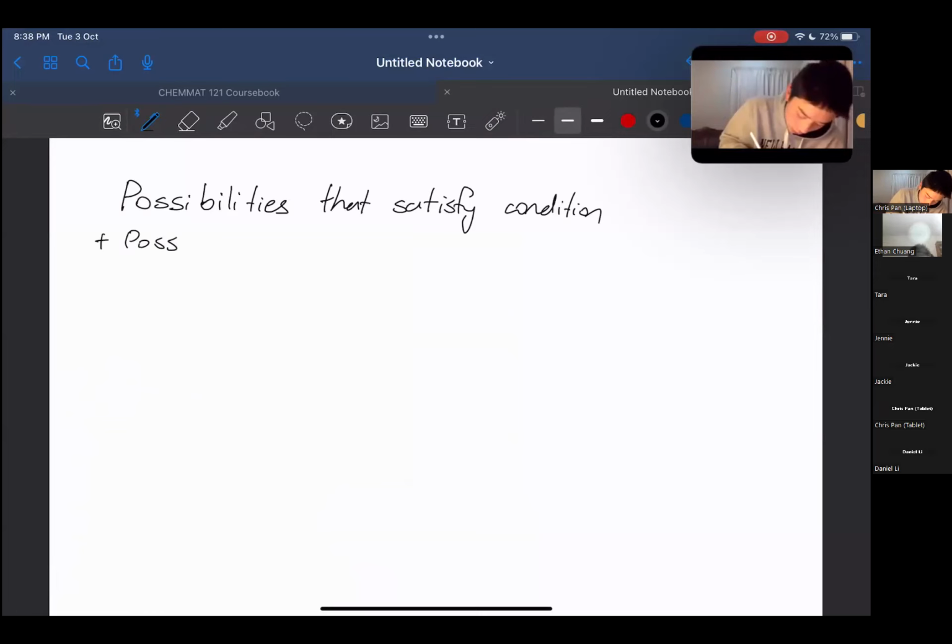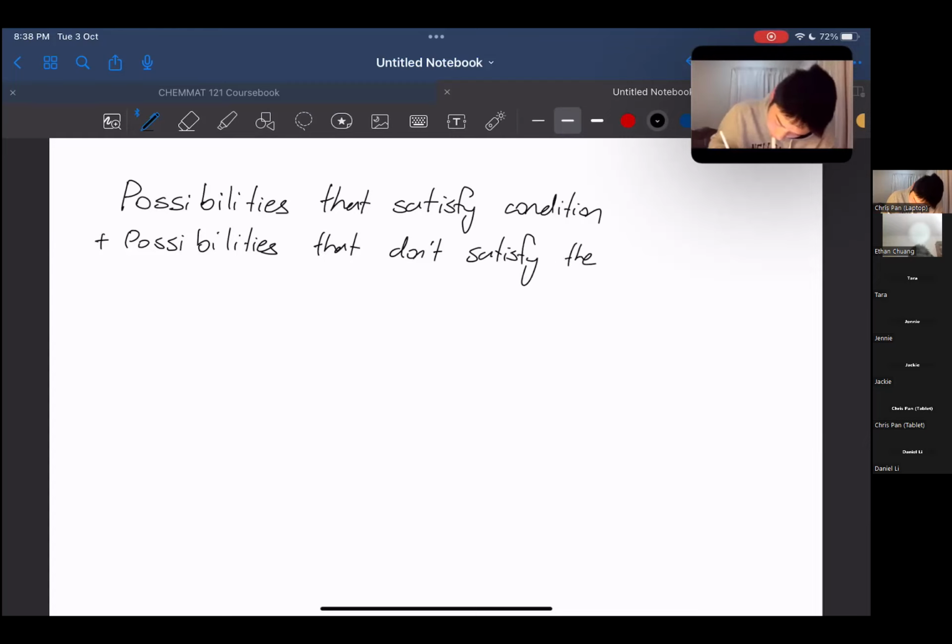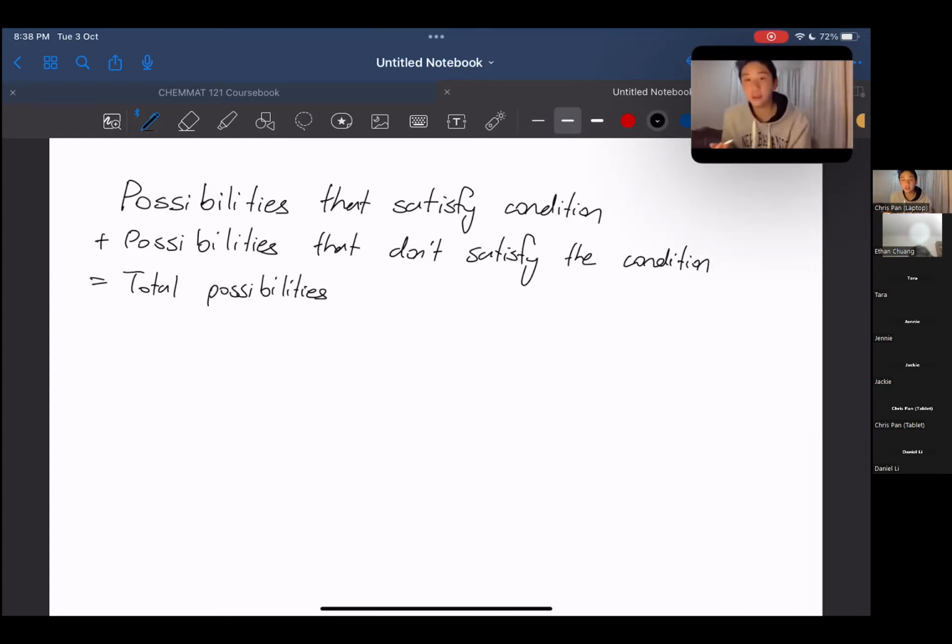So the total number of possibilities that do satisfy the condition and the total number of possibilities that don't satisfy the condition should equal the total number of possibilities. And here the condition is that the two twins are not in the photo together, right? Because that's what we want. We don't want the twins together in the photo.